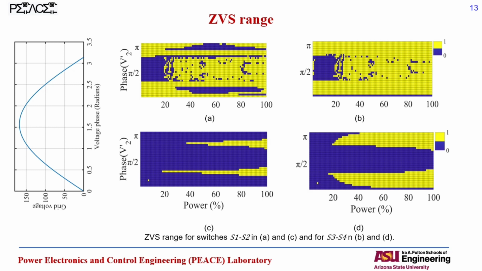You can see that the yellow region, which shows the activation of the ZVS at that particular point, is much larger when the limitations are posed to the current equation. Pictures A and C are for switches S1 and S2, and pictures B and D are for switches S3 and S4.